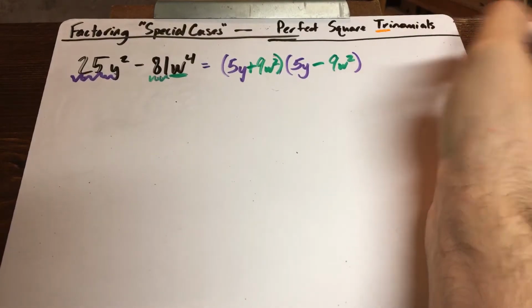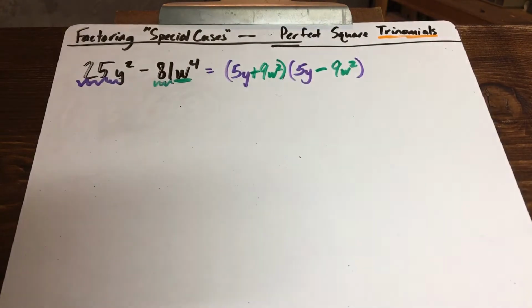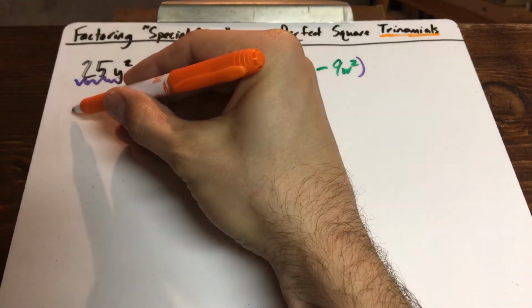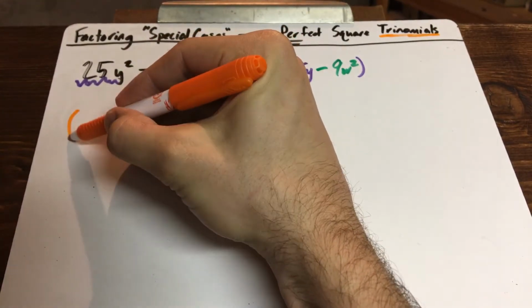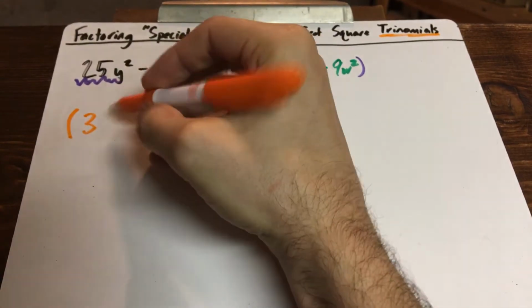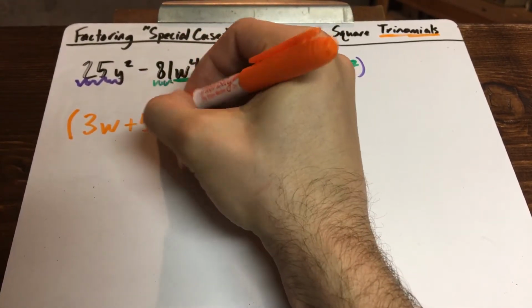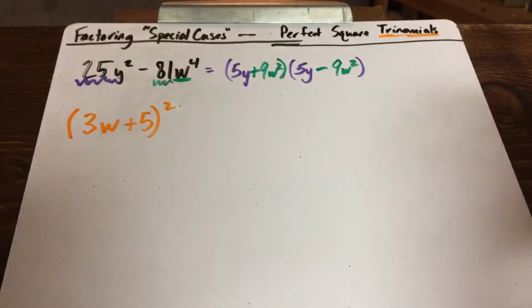Trinomials have 3 terms, so this question is not an example of what I'm talking about. You know how the other day, oh man, I bet it's been a couple weeks ago, we would get questions like this. We did this right before we left for a break. We would get a question like this, and sometimes they would just put squared.